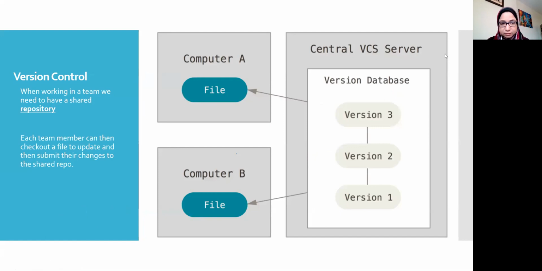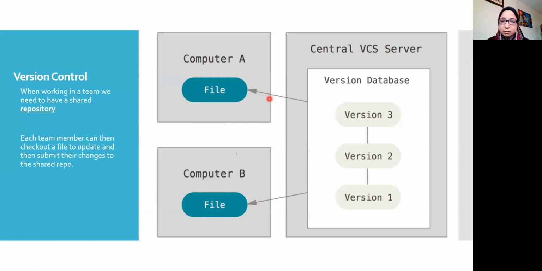To use version control, it's very important to understand the concept of a repository. A repository is a central place where the main content is stored, and anyone who wants to work with this content would check it out.